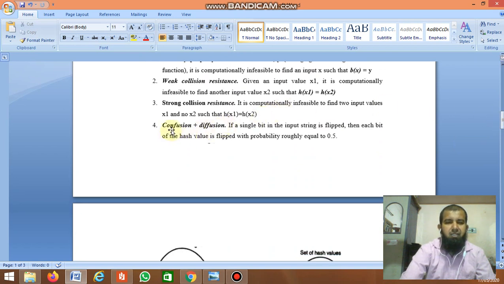Next, the fourth one, confusion and diffusion. If a single bit in an input string is flipped, then each bit of the hash value is flipped with probability roughly equal to 0.5. If you flip any one bit in the input string, then each bit of the hash value is flipped with probability roughly 0.5.